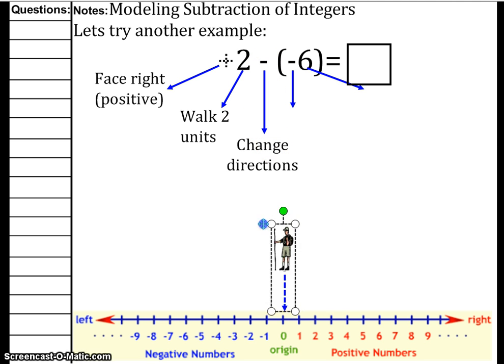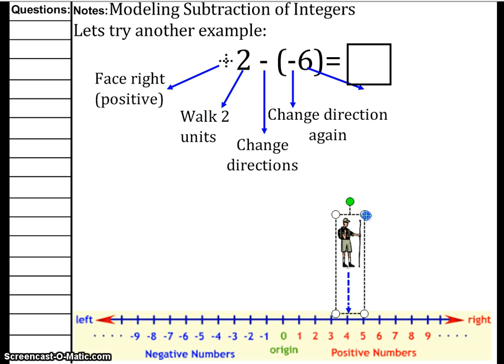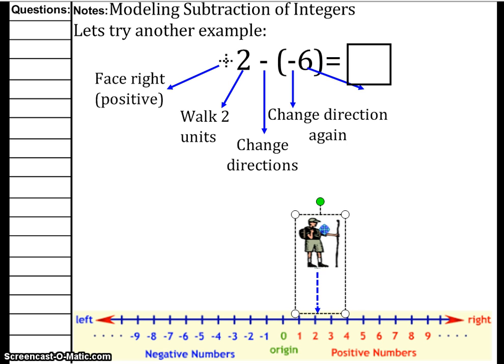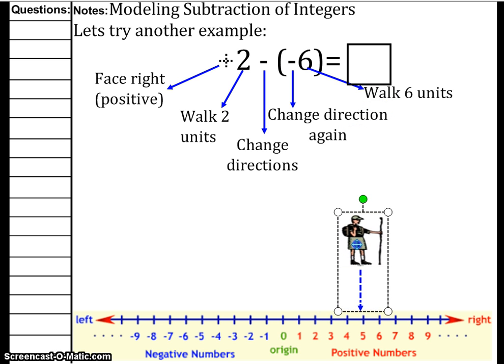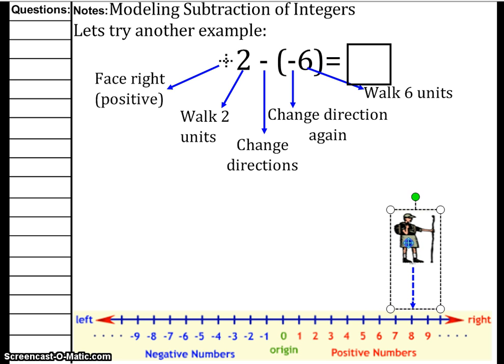So let's change direction, and we're on positive 2. But then we have another negative sign, and that negative sign tells us, oh, change direction again. So now we're facing the right, and we're going to walk in that direction 6 units. 1, 2, 3, 4, 5, 6.